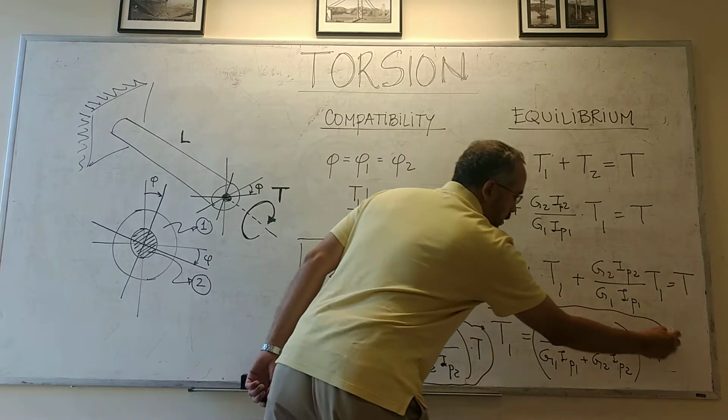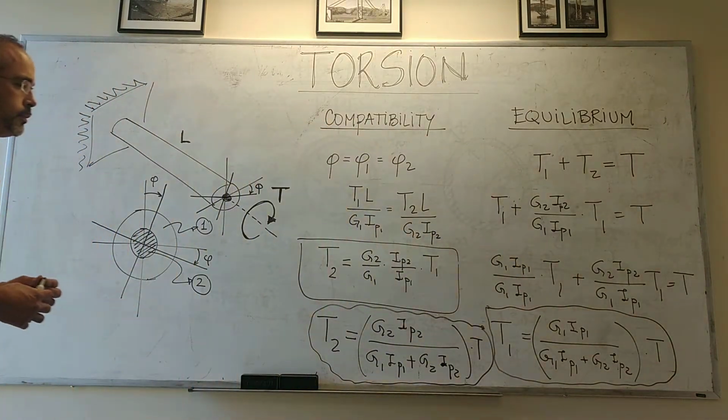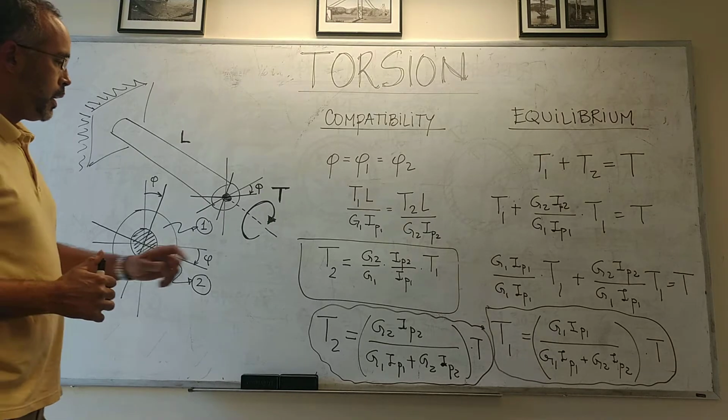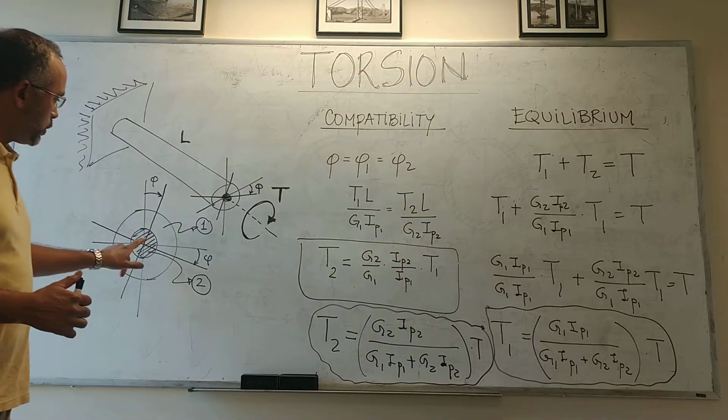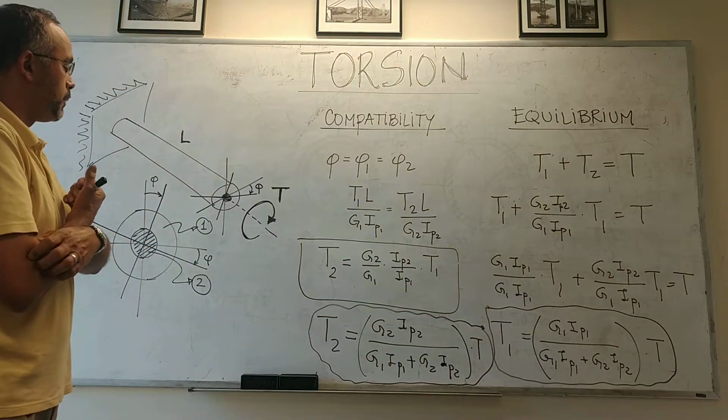So that's T1 and T2, the amount of torque going to material 1 and material 2.